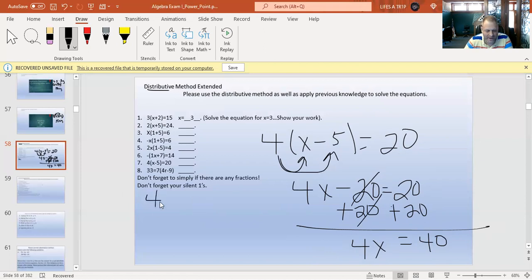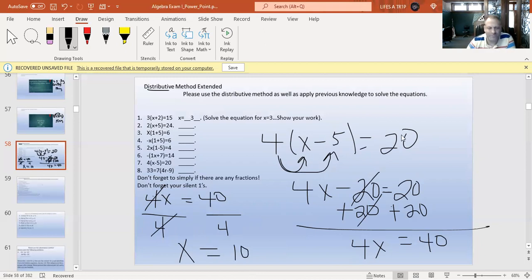I ran out of room, so I'm going to put it over here. This is all familiar territory now. Divide by that 4, positive 4, positive 4, and cancel, x equals 10. So our answer is x equals 10.